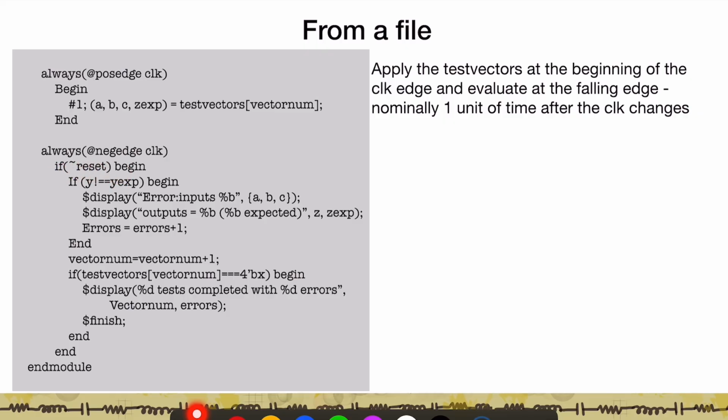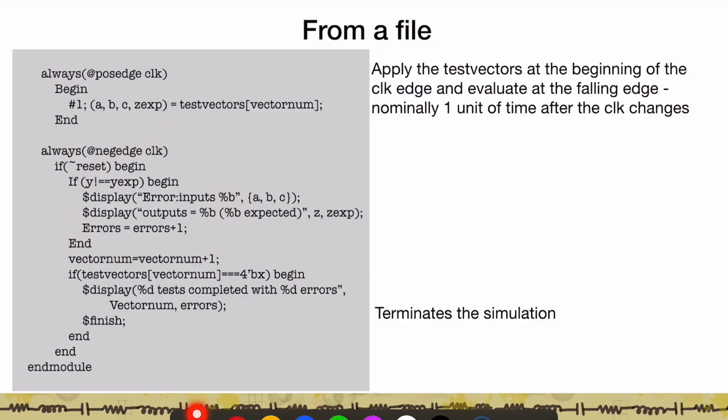And if it is not reset, then you're going to check if Z is equal to Z expected. And if not, then you're going to begin and display the errors. Once that is done, you update your vector number, so you move on to the next test vector and so on and so forth. You continue this until you exhaust all the test vectors.